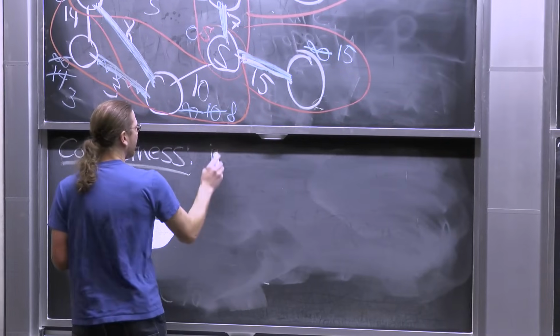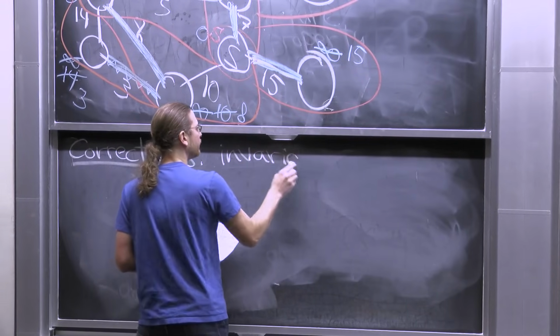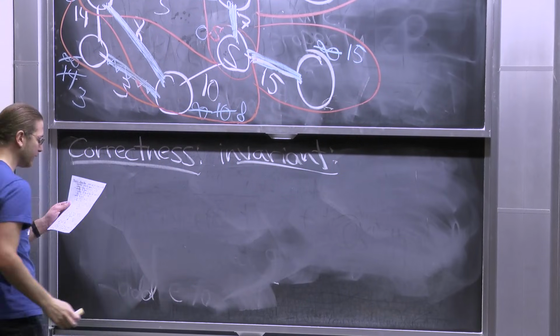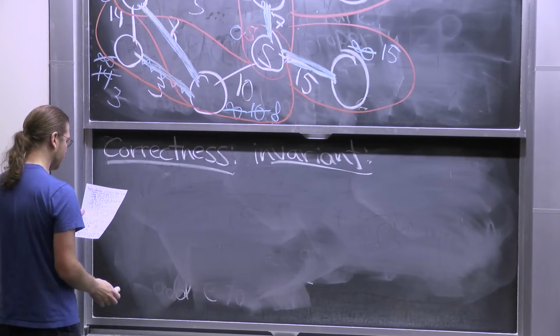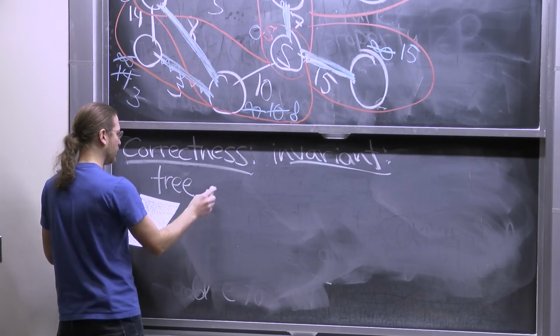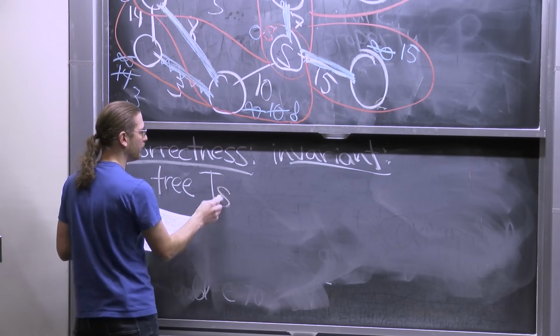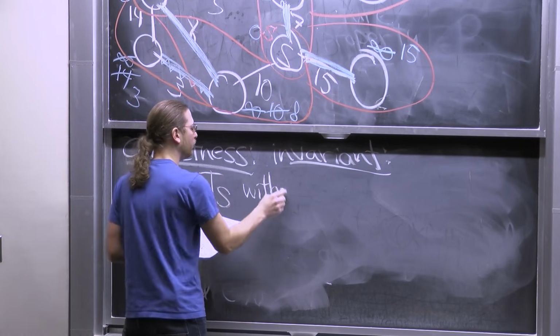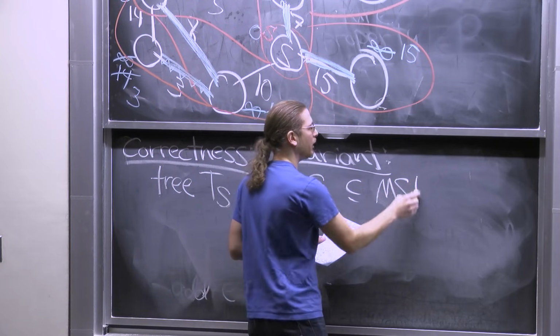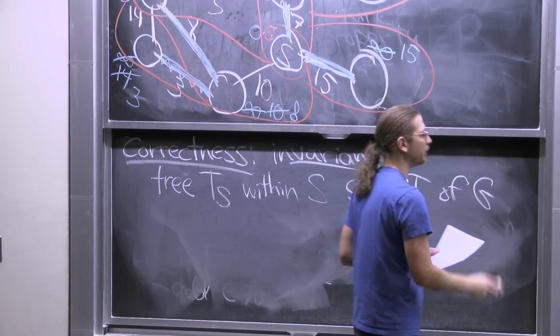But we have another invariant. More interesting one from an MST perspective. That's just a sort of algorithm implementation detail. That the tree T sub S within S is always contained in a minimum spanning tree of G.